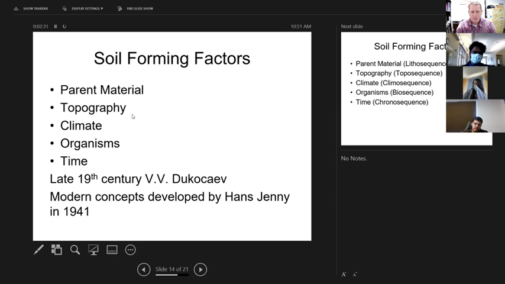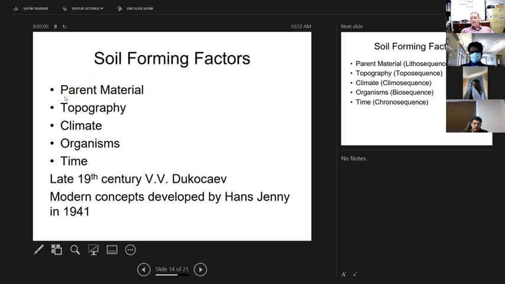Let me go back. So parent material. This deals with what type of rock we are dealing with. Now, yesterday we talked about sedimentary rocks, igneous rocks, and metamorphic rocks. Depending on how those things are formed, that ends up being our parent material, okay?